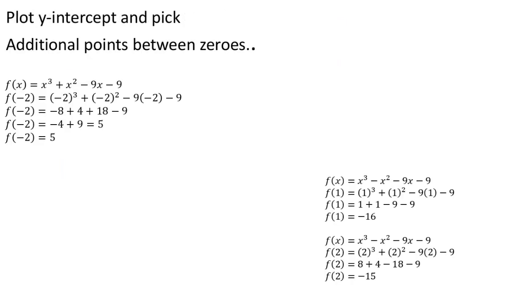So here we have some examples of choosing values for x, and I chose -2 here. When I plugged in -2, I got a +5. Here I chose a 1, and when I plugged in 1 to my function, I got a -16. When I plugged in 2, I got a -15.